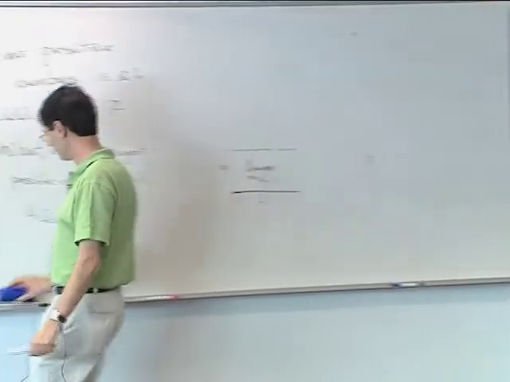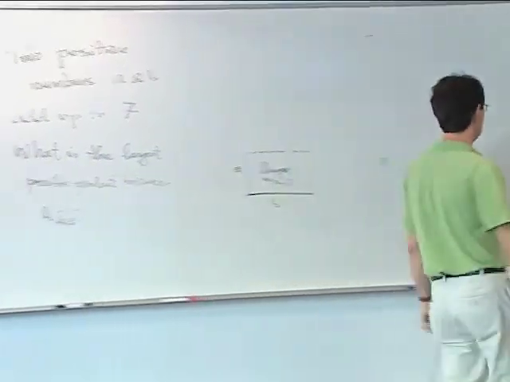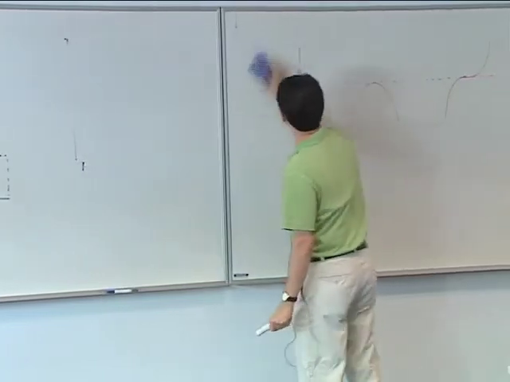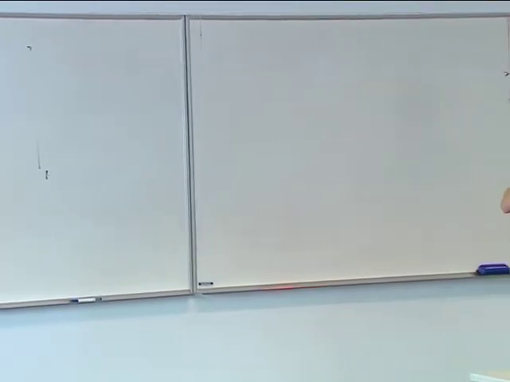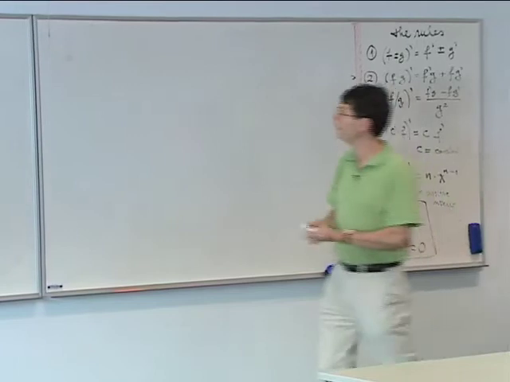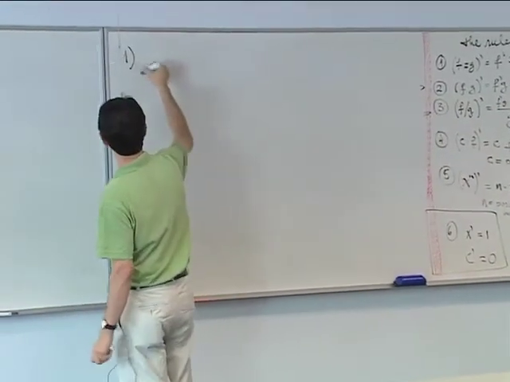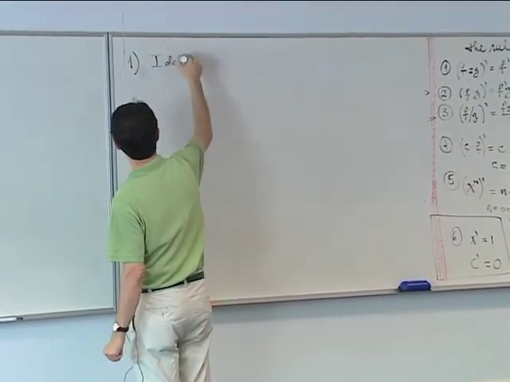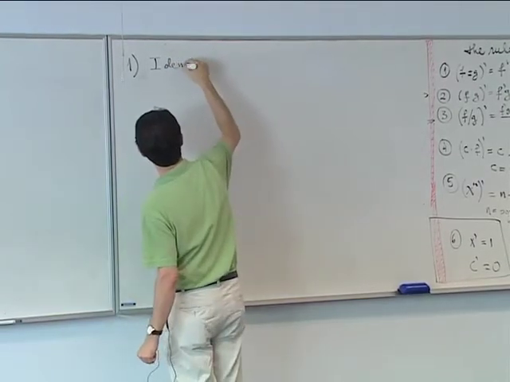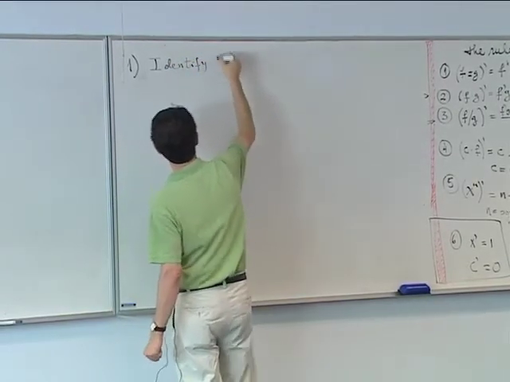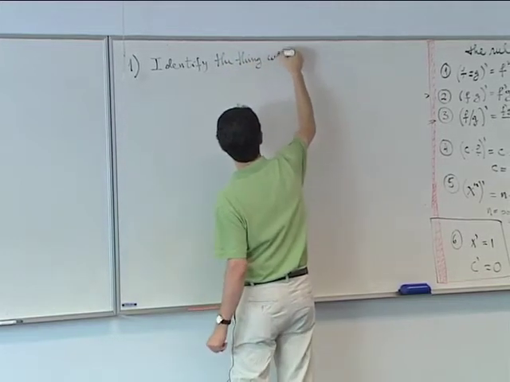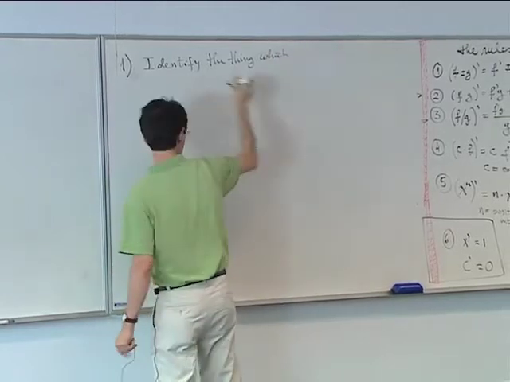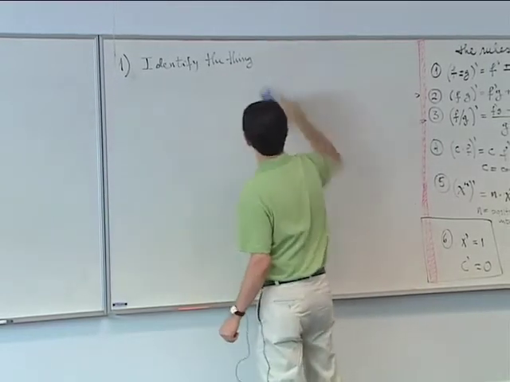So let's see. First thing I need to do, now I'm going to write down the steps for solving it, okay? Steps for solving. Step 1, identify the thing which you want, or that you want to maximize.